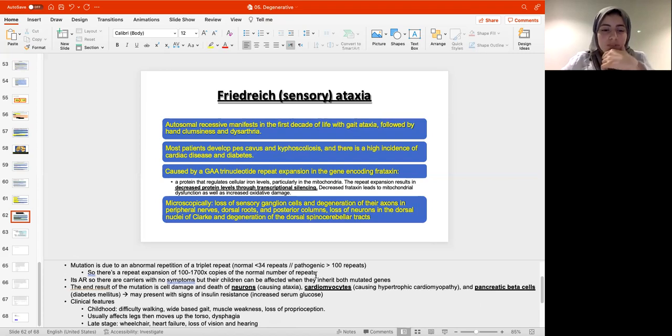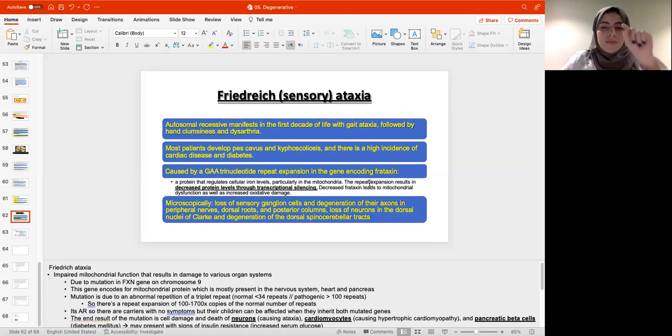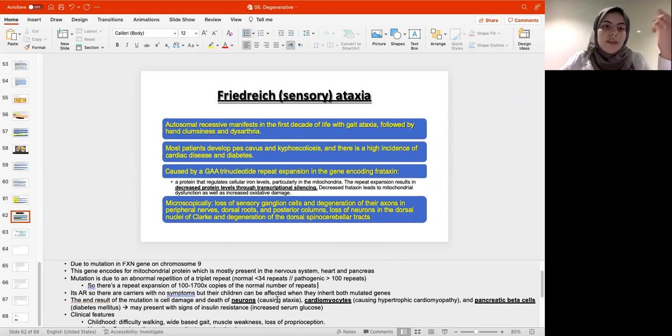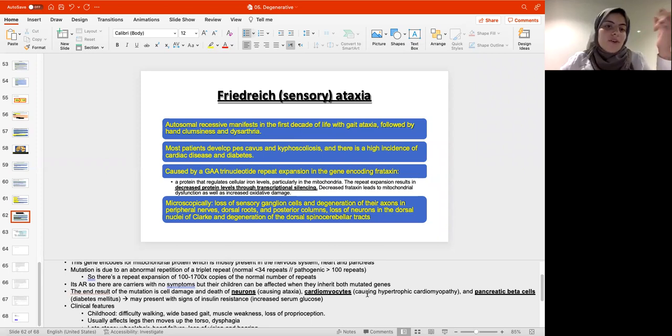The most important issue you need to remember: I know this protein, it's present in three main organs, okay? The pancreas, the heart, and neurons. So it's present in cardiomyocytes, neurons, and pancreatic cells, specifically pancreatic beta cells. That's why they come to you with signs of not only ataxia, they can come with signs of heart failure.